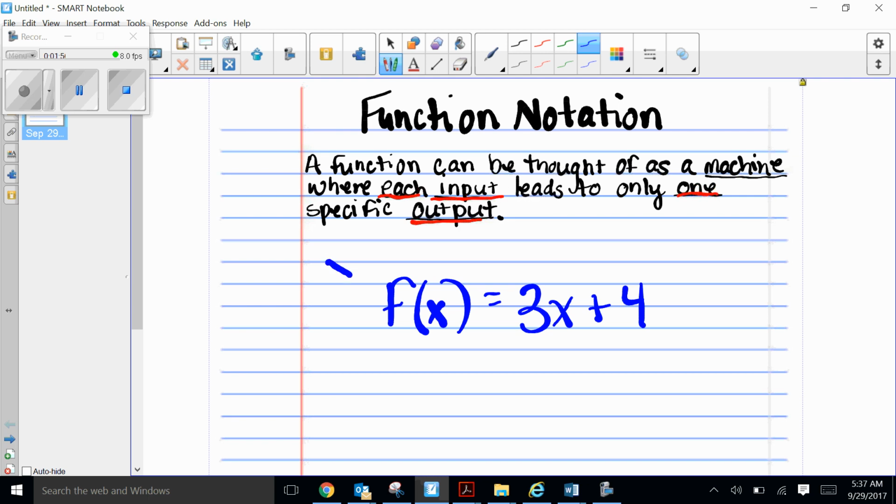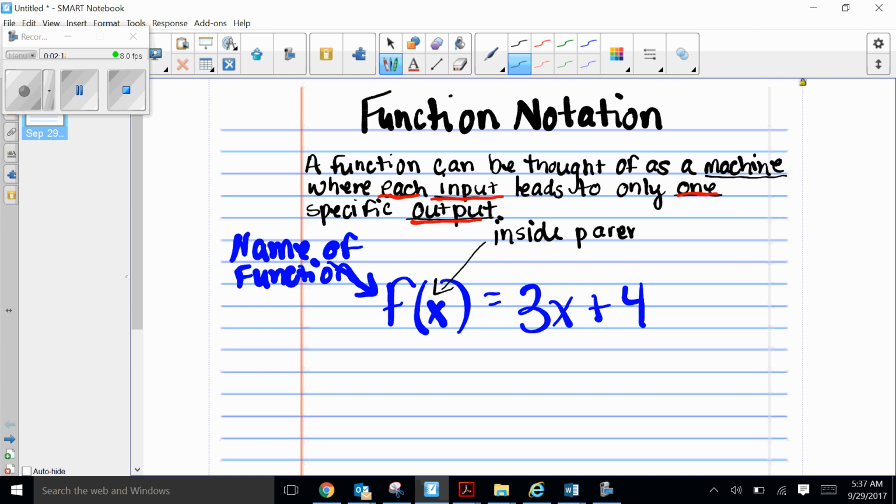But f, that first letter, can give me the name of the function. x, or what's inside my parentheses, is my input.